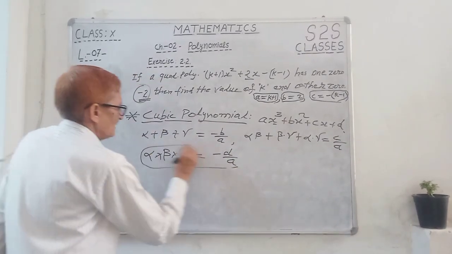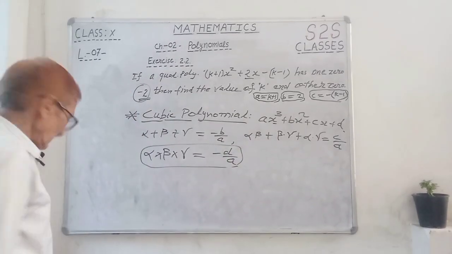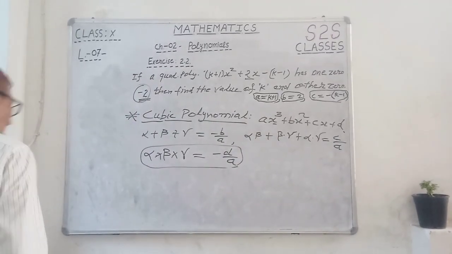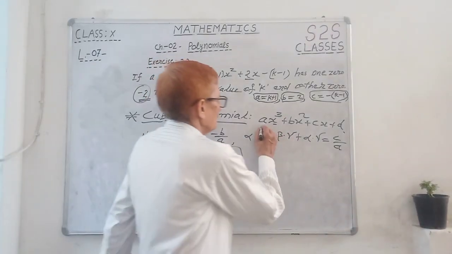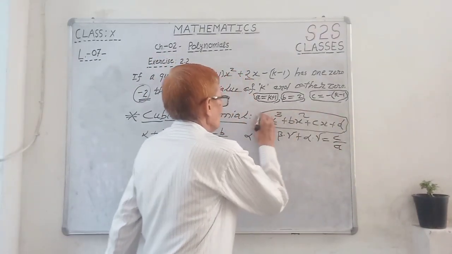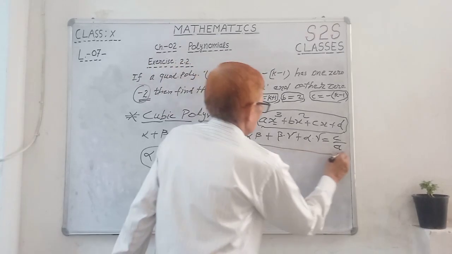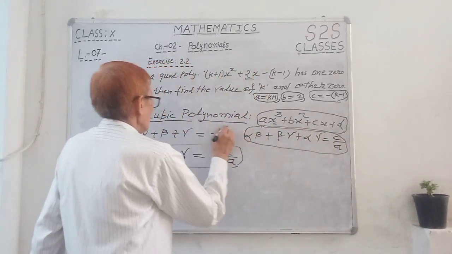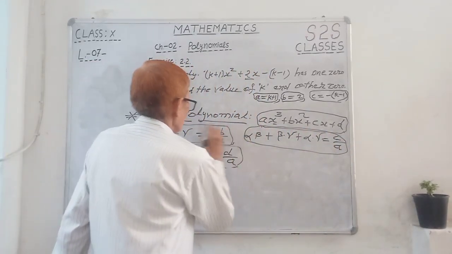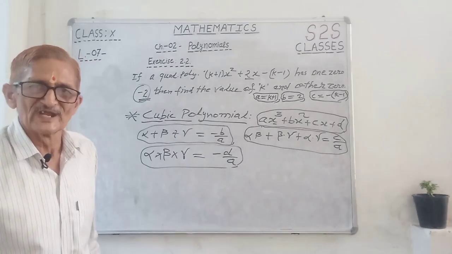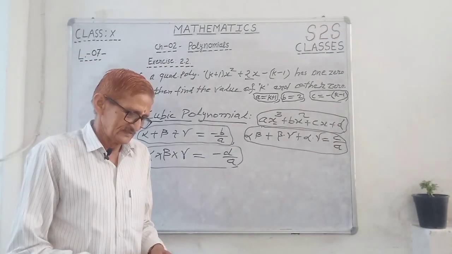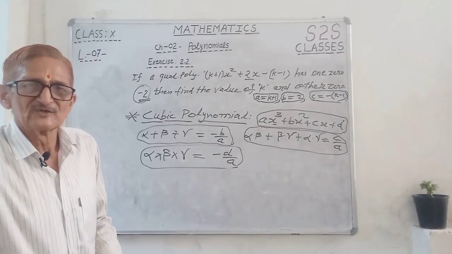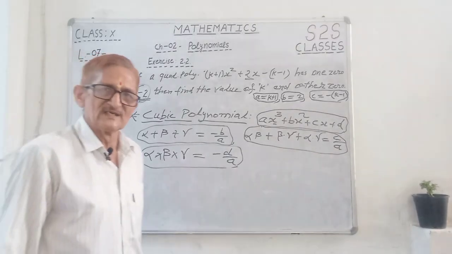These 3 relations you can also write. So this is the standard cubic polynomial, and these are the relations between the zeros and coefficients. We may understand them, but this is not in your NCERT syllabus. It is deleted. Cubic is removed, up to quadratic is there.